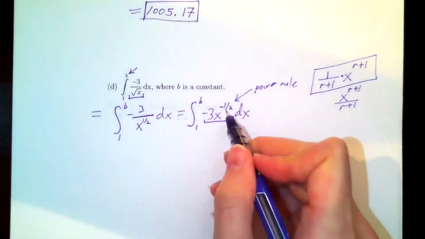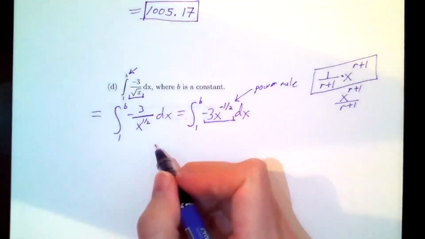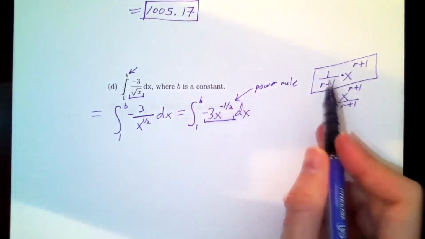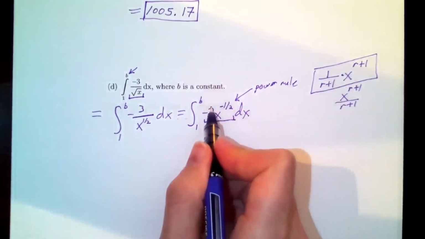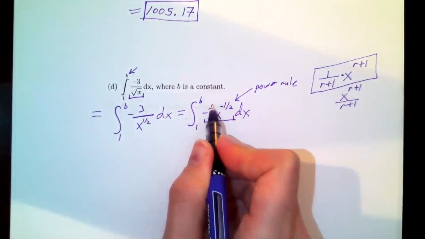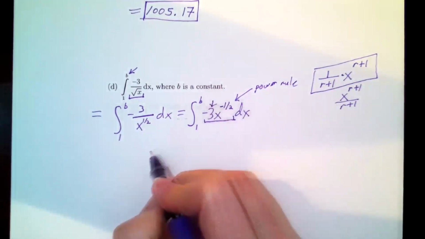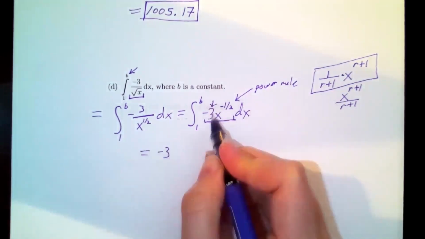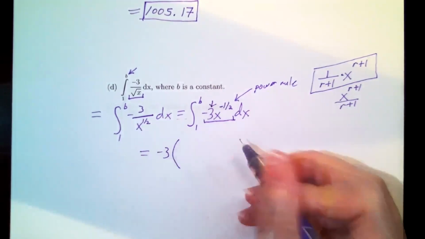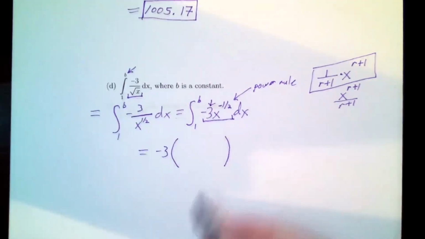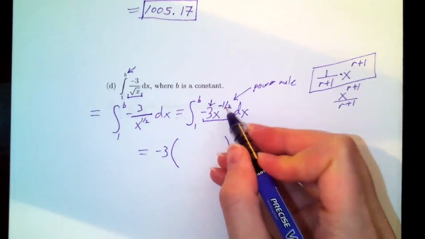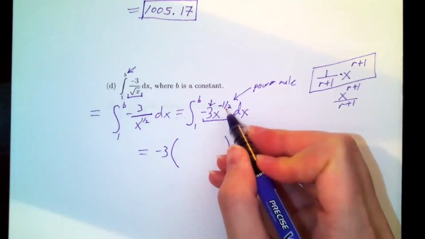My r is -1/2. So if I'm going to follow my power rule, first, maybe we should ignore the -3. The -3 comes down. This is -3 times whatever my power rule is. Now let's do the power rule. x to the -1/2. r is -1/2.